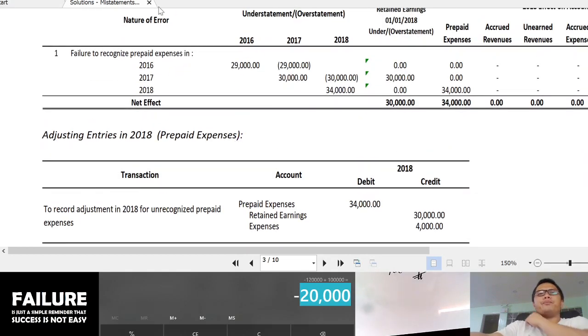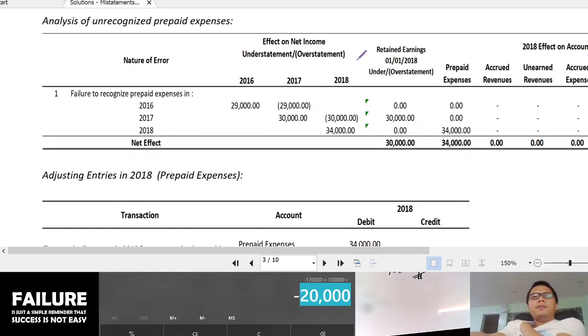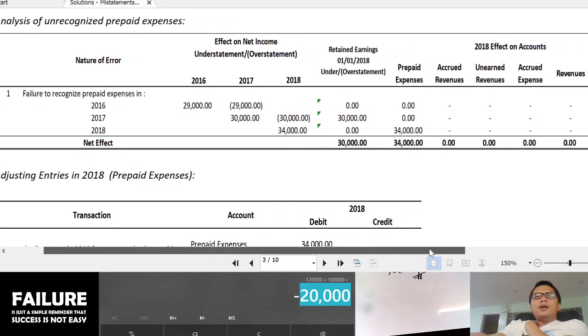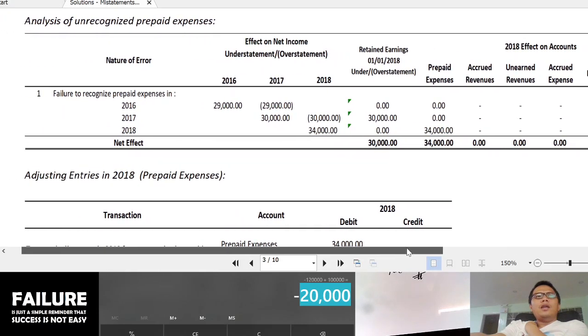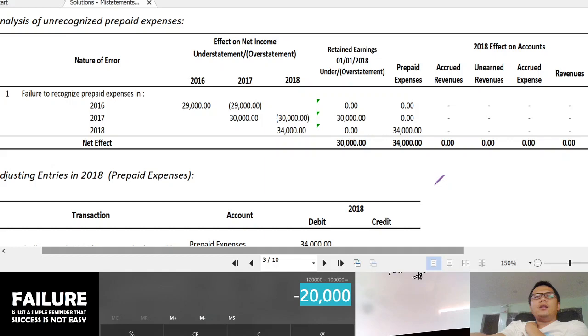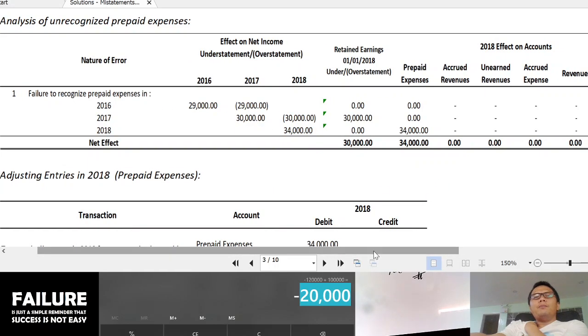So this is what happened. For the prepaid expense, how will we correct that in 2018? Obviously, if we look at the effect of that error in 2018 per our working paper, the retained earnings has an understatement of 30,000.